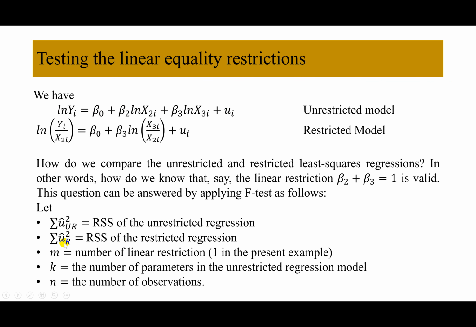Sum of u hat R square equal to RSS of the restricted regression, that is, this term represents the residual sum of squares of the restricted model. m is a term that will be used in the formula. m represents the number of linear restrictions, which is one in the present example, because beta 2 plus beta 3 is equal to 1 represents a single restriction. k is equal to the number of parameters in the unrestricted regression model, and n is the number of observations.